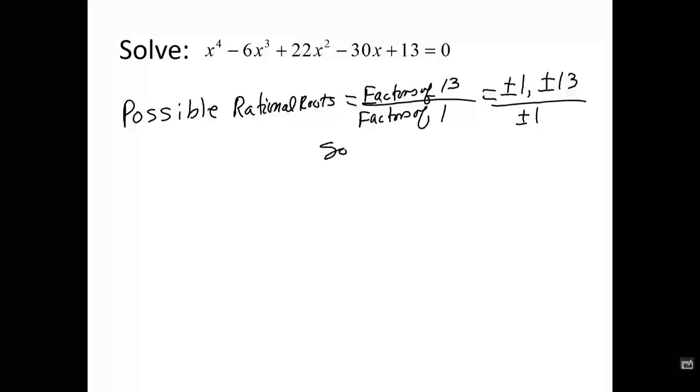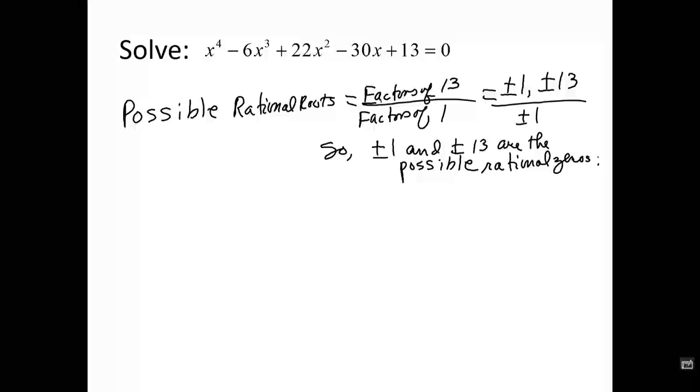So plus or minus 1 and plus or minus 13 are the possible rational zeros.